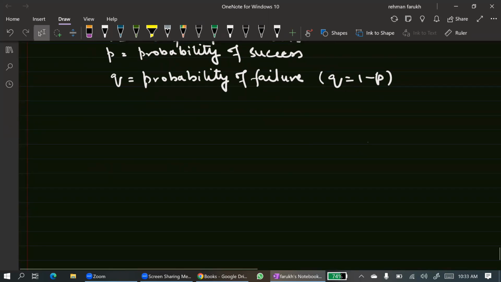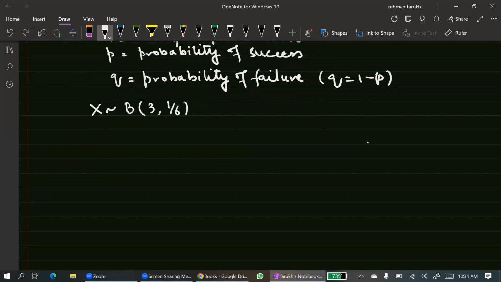Now for the above experiment, we will find out the probabilities of all the outcomes, that is x is equal to 0, x is equal to 1, x is equal to 2 and x is equal to 3 with the help of this probability density function. For the above experiment, x is a binomial distribution with 3, 1 by 6.